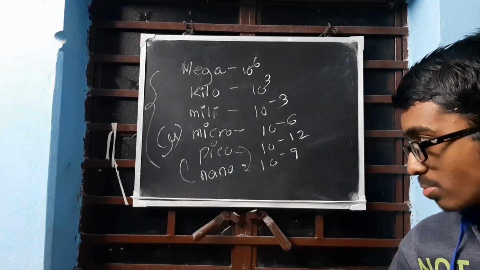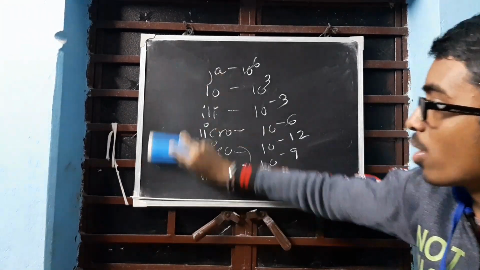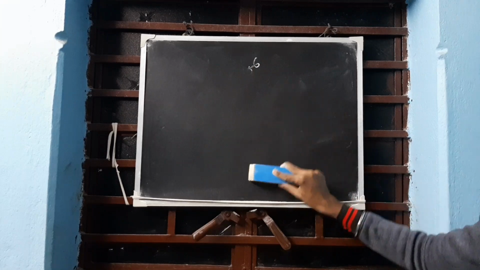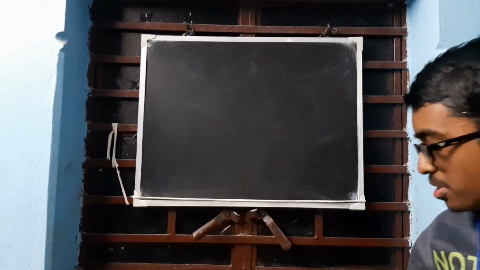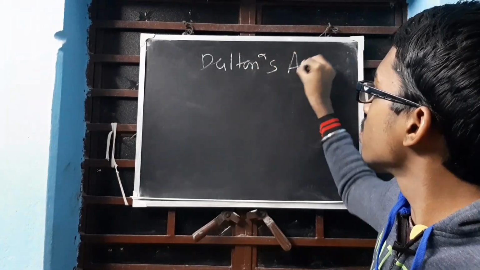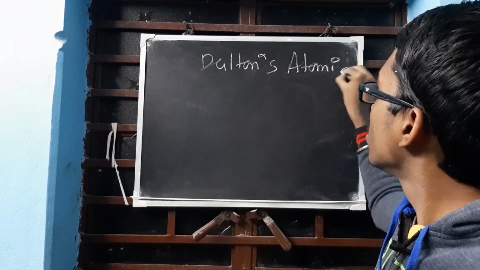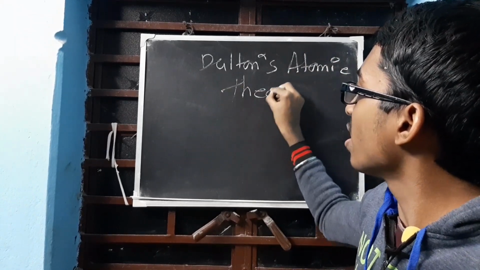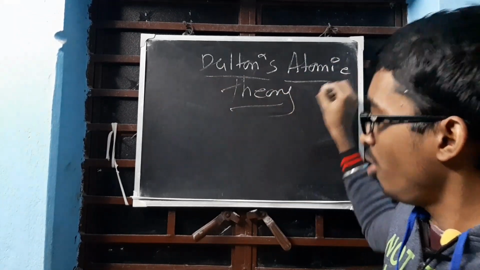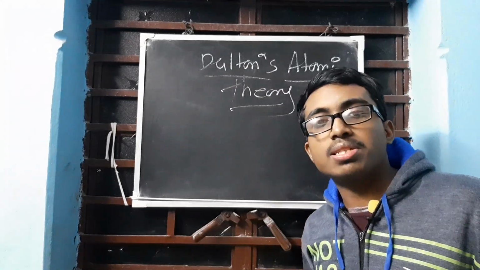Clear? Done? Okay. Now we are moving on to the important parts. Let us start with Dalton's atomic theory. You have read this theory in our previous classes as well.